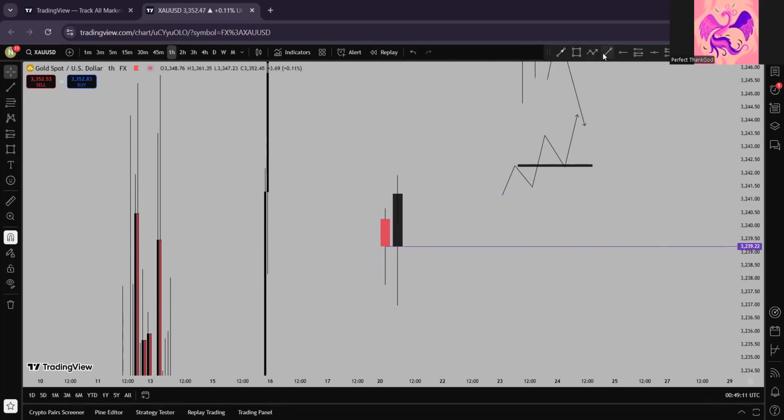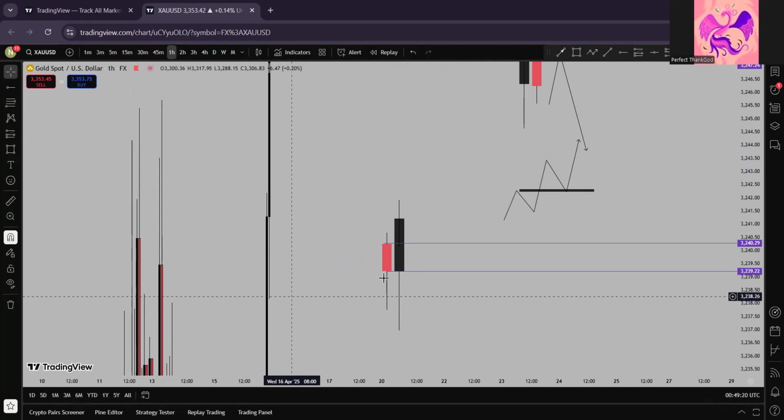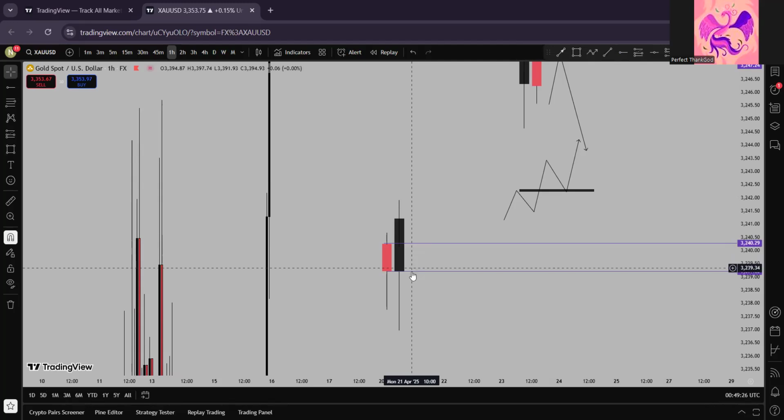So in this case, why do I take a setup like this? Mind you, the first time I showed you, price coming back here can most definitely hold. But sometimes price does not come back here.